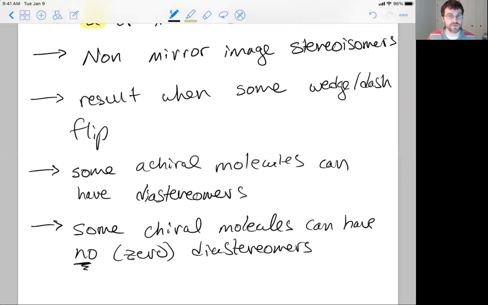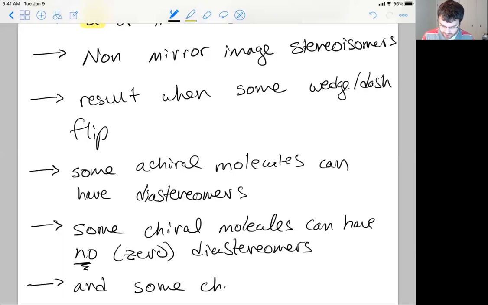Diastereomers result when you have multiple stereocenters and you flip some of them, but not all of them. If you only have one stereocenter, you can't flip half of a stereocenter. So you have to flip all or none. You either have the same molecule, with none flipped, or you have the enantiomer, where all of them flipped.